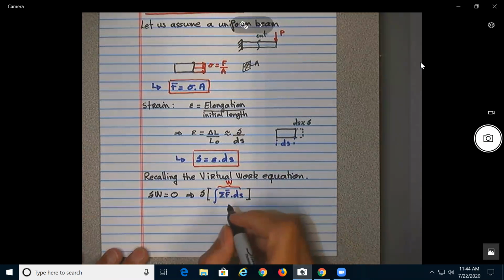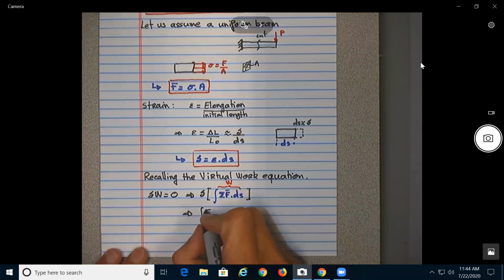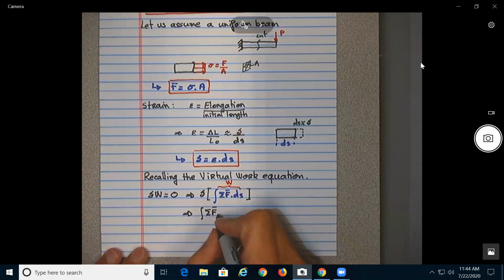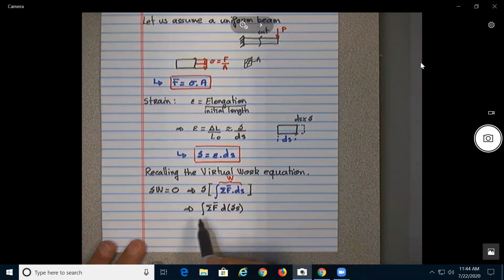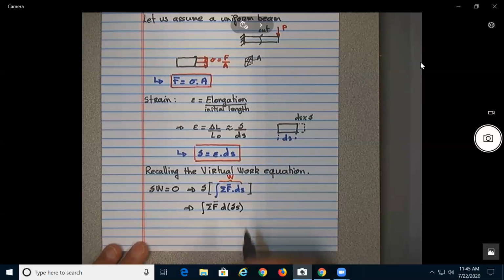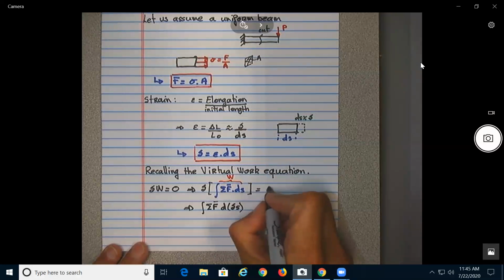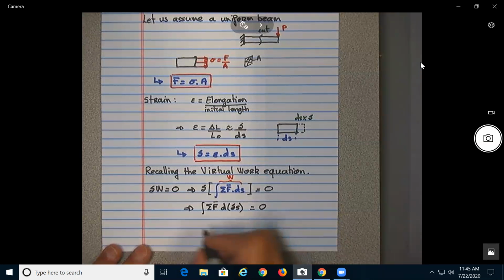So I could just rewrite this. I did the opposite yesterday in the derivation, so it will be the summation of forces times virtual delta s. I went from here to here yesterday. So this is equal to 0, let's not forget that.